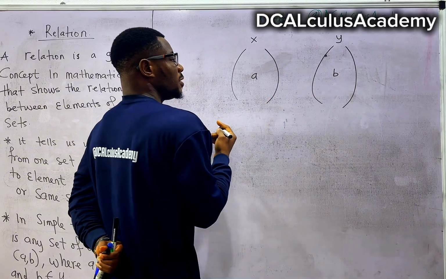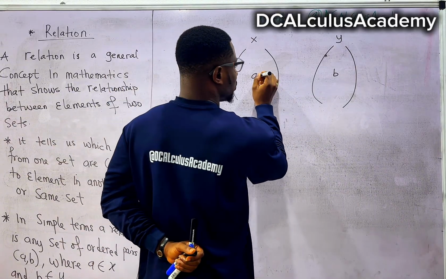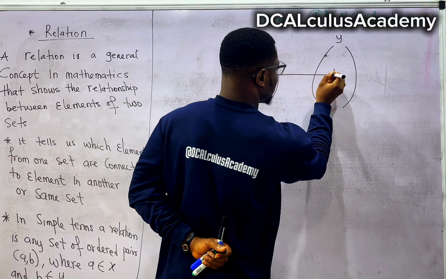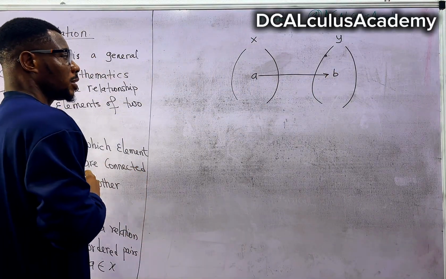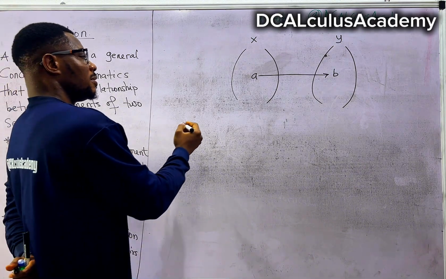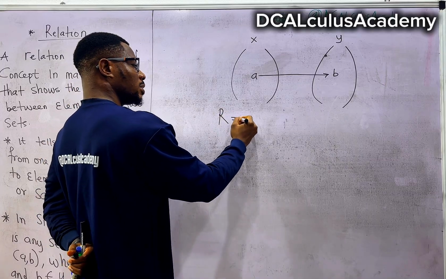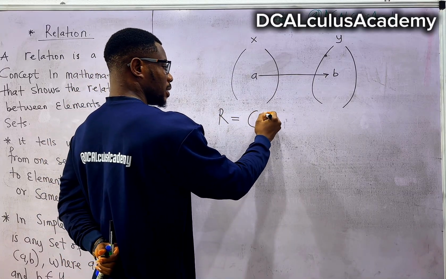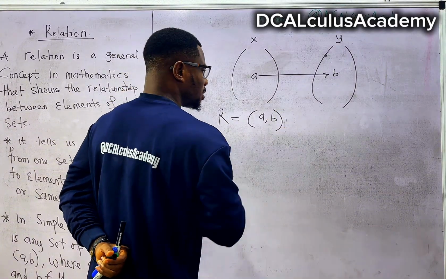So if I wanted to say A relates to B, I would just use an arrow to move from the first set to the second set. This arrow shows here that A relates to B. It means I could say that the possible relation here is given by the set of ordered pairs (A, B).